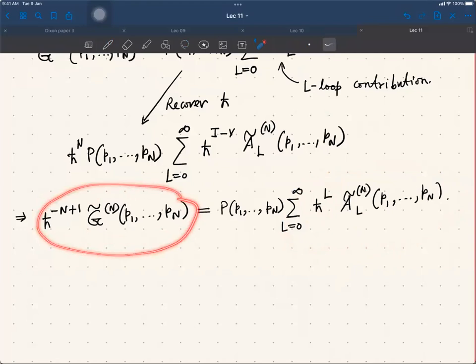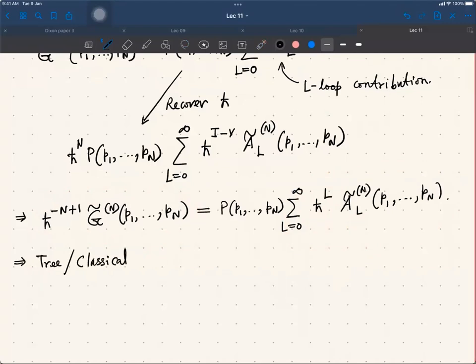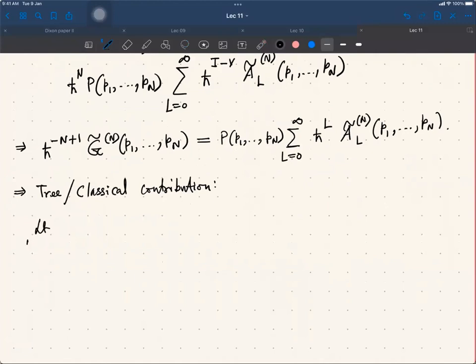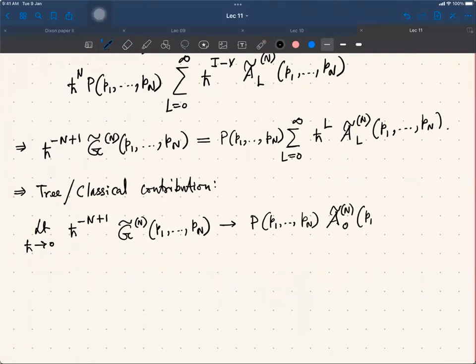If you take h bar going to zero limit on this quantity, then you end up getting zero loop diagrams, which are only tree diagrams. These are tree diagrams.